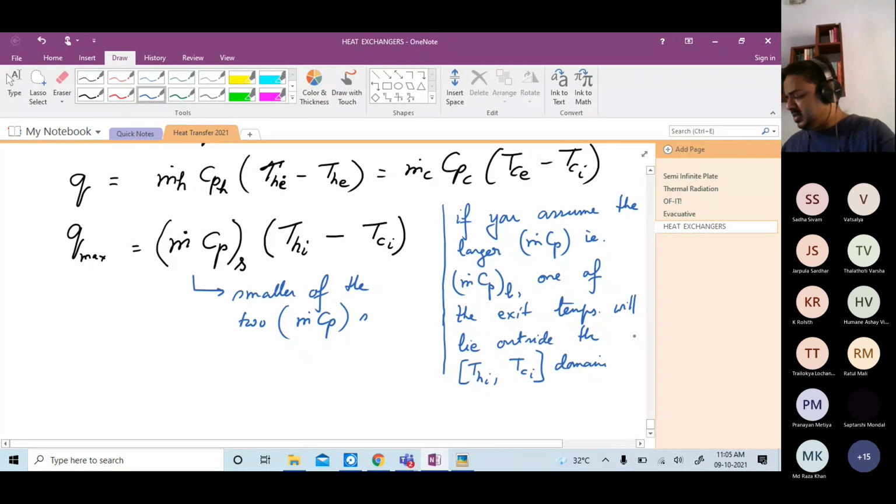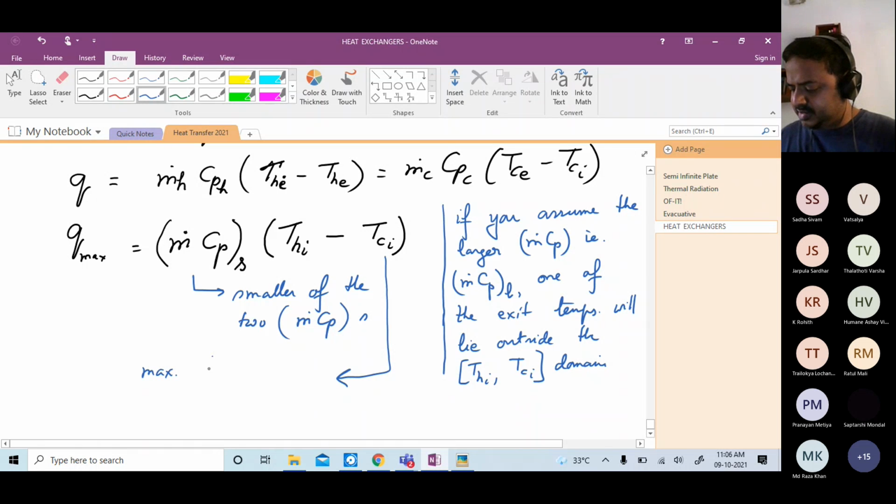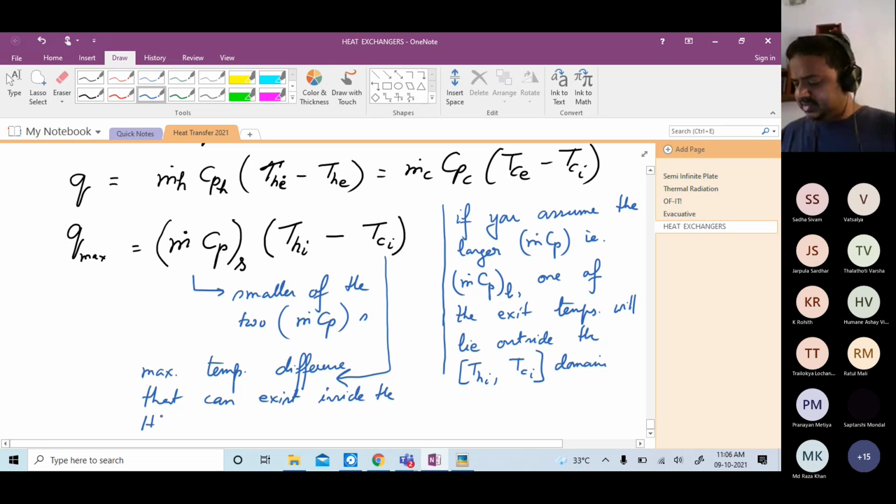Okay, this cannot be readily proved, but it is true. And this is the maximum temperature difference that can exist inside the heat exchanger. And remember, this is for a parallel flow at the inlet of both fluids.